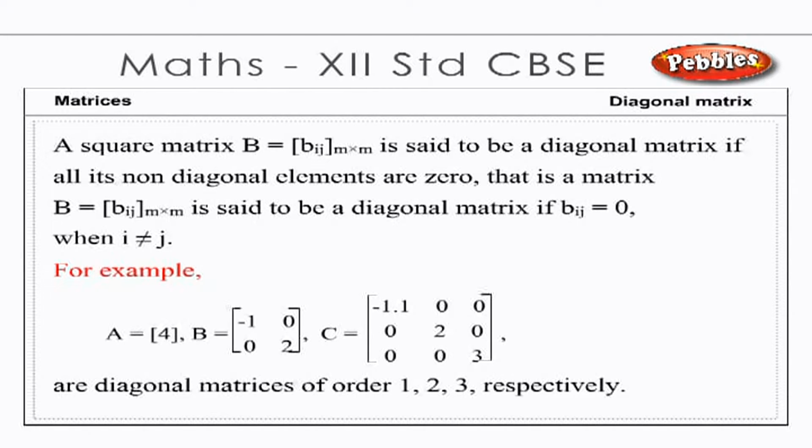A square matrix B = [b_ij] m × m is said to be a diagonal matrix if all its non-diagonal elements are 0. That is, a matrix B = [b_ij] m × m is said to be a diagonal matrix if b_ij = 0 when i ≠ j.